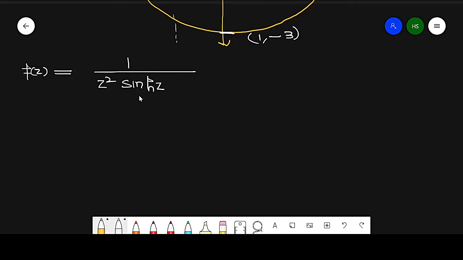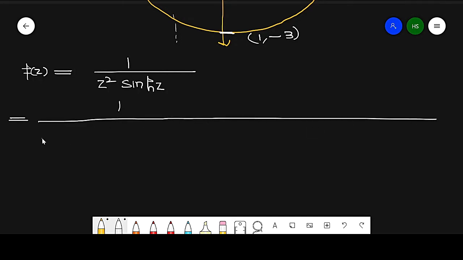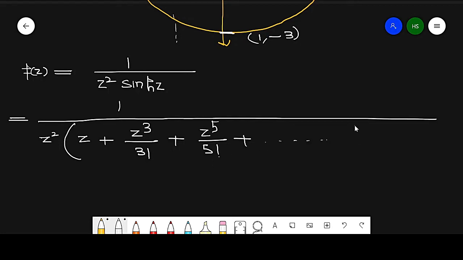Now we know the series of sine hyperbolic z, so just substitute it in the square bracket: z plus z cube by 3 factorial plus z raised to power 5 by 5 factorial and so on up to infinity.